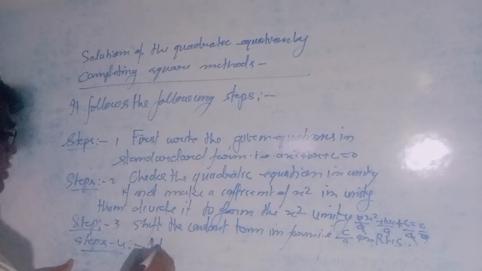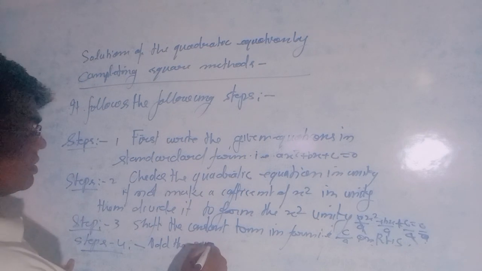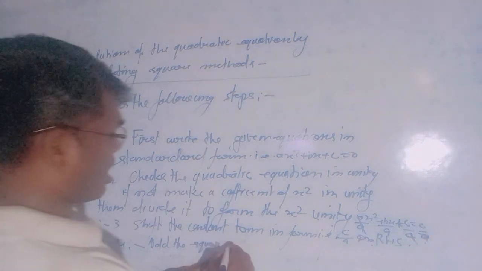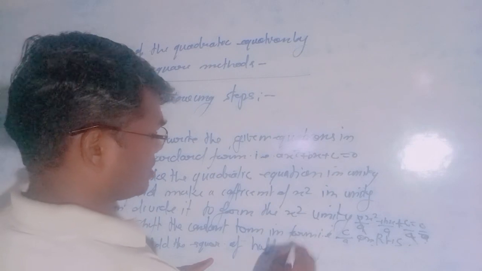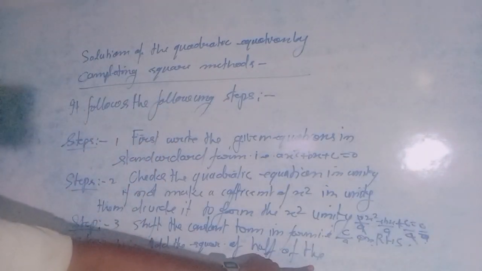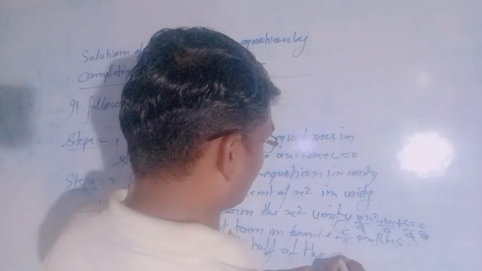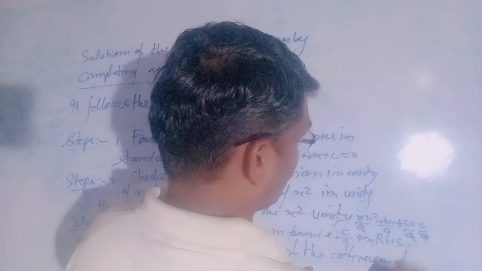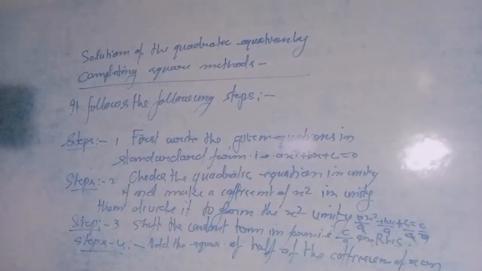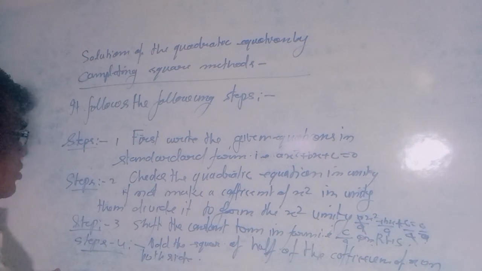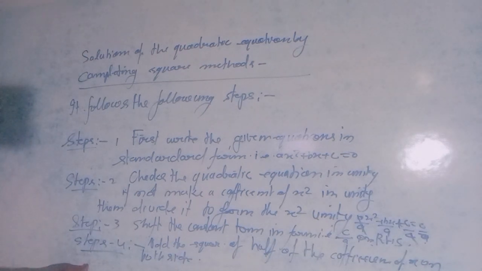Add the square of half of the coefficient of x on both sides. Okay, both sides. Add it.